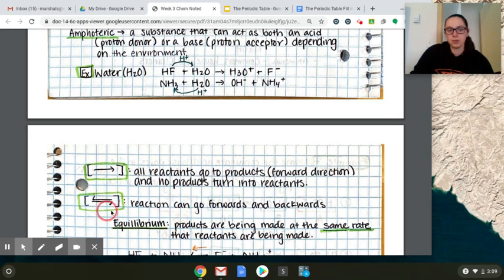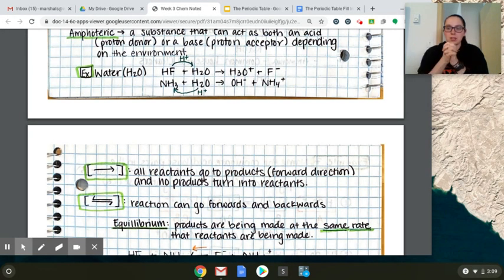This double-sided arrow means that a reaction can go both forwards and backwards. Now, this doesn't happen at exactly the same time. We're going to mix two things together, and it's going to make a product. Now, that product will actually separate and turn back into reactants. And then those two reactants will form a product, and then that product will go back into reactants.